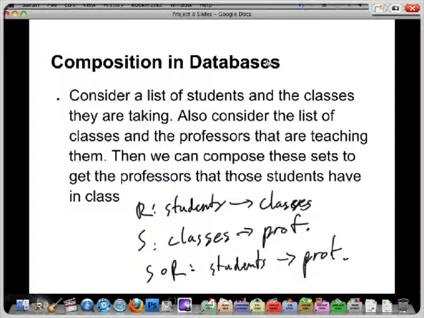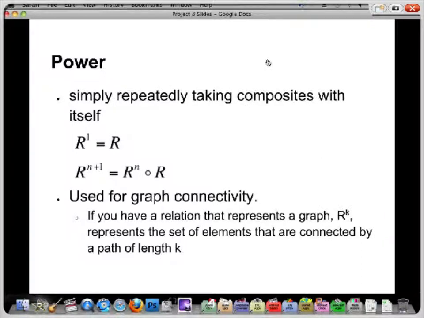So you can see this is going to be useful in a lot of different ways when you're working with databases. A little more in-depth example here.